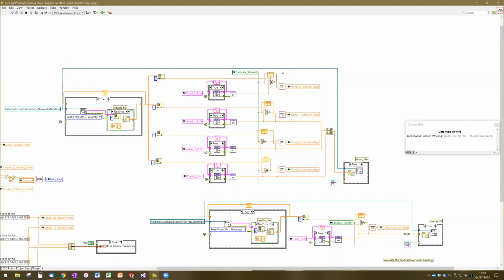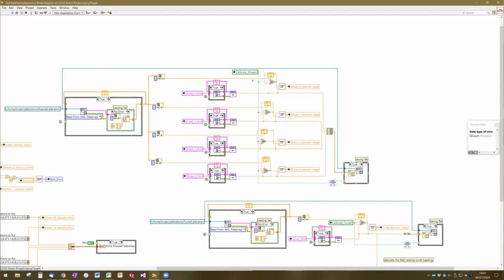And so in addition to storing it in memory, when we press calibrate, we also take all of the values and put them into an array, and then save that array of calibration points as a file on the RoboRio. So in the calibrations folder on the RoboRio, there's a file called Swerve calibration that contains these points.